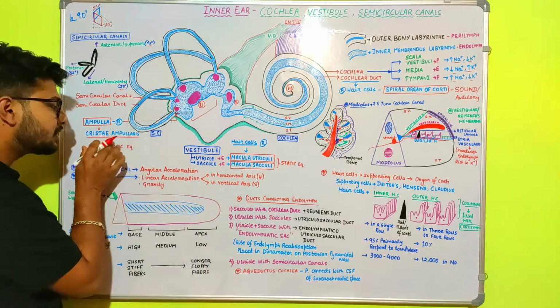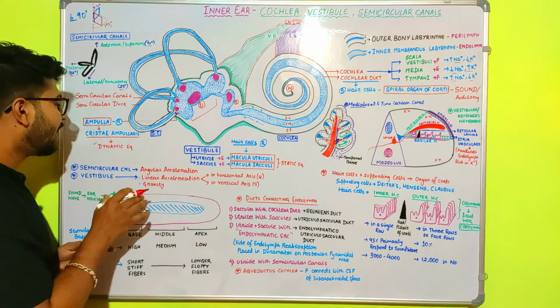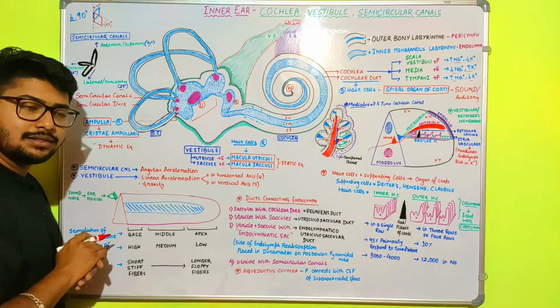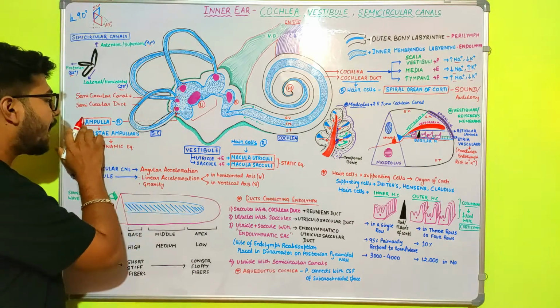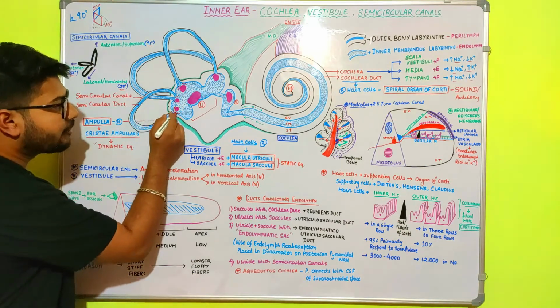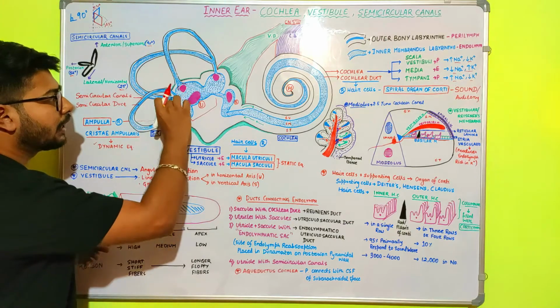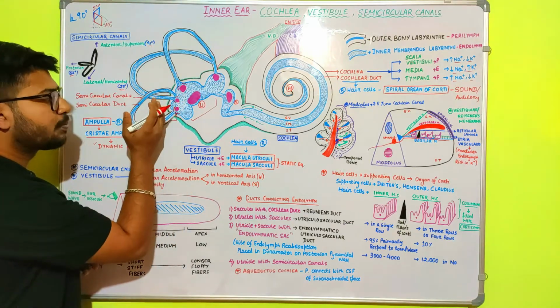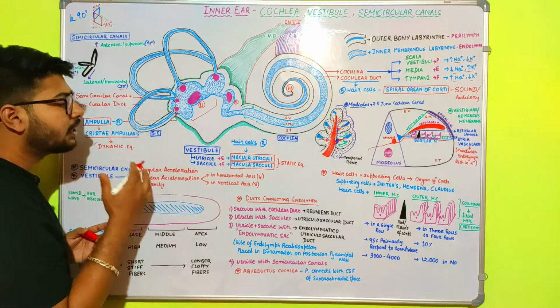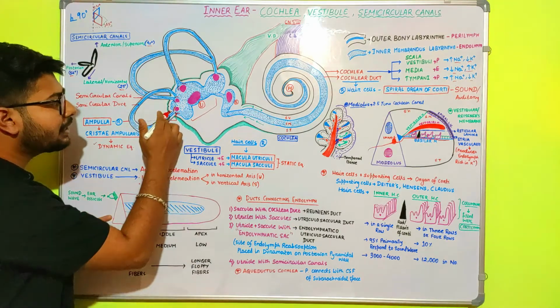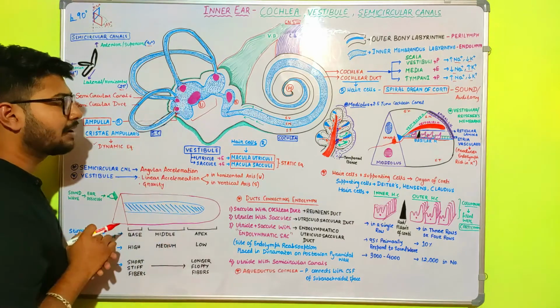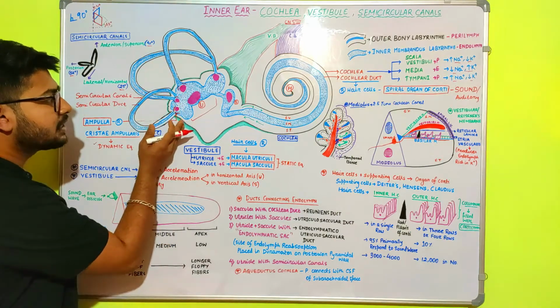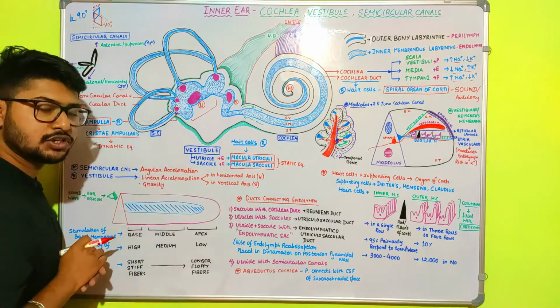For dynamic equilibrium, we have the receptor that is present inside the ampulla. This dilated region that you can see is present at the proximal end of the semicircular canals, at the distal part of the vestibule.